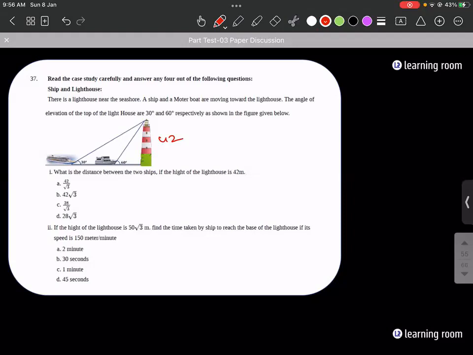There is a lighthouse, and a ship and a motorboat are moving toward it. The angles of elevation of the top of the lighthouse are 30 degrees and 60 degrees respectively, as shown in the figure.